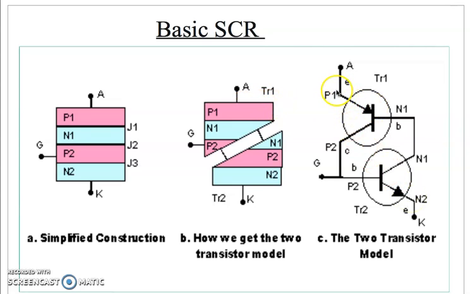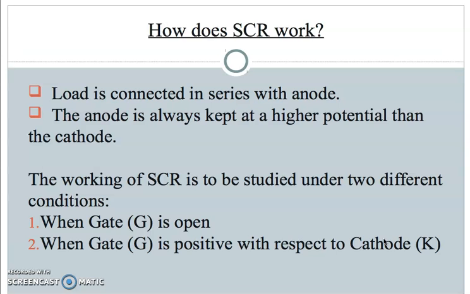The emitter of the top transistor is the anode, the emitter of the bottom transistor is the cathode. And inside, the base of one transistor is connected to the collector of the other transistor, and the base of the other transistor is connected to the collector of the first. So this is how we have the two transistor model of the SCR.